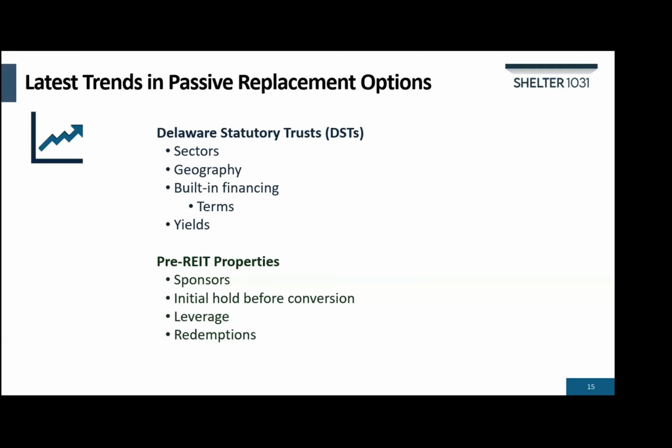For those of you who are not familiar with DSTs, these are programs that qualify as 1031 replacement properties under an IRS ruling from 2004, in which hundreds of taxpayers reinvest their equity into a single large property, or sometimes a small group of properties, that are all owned by a trust.